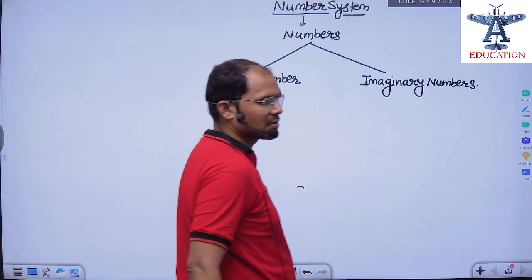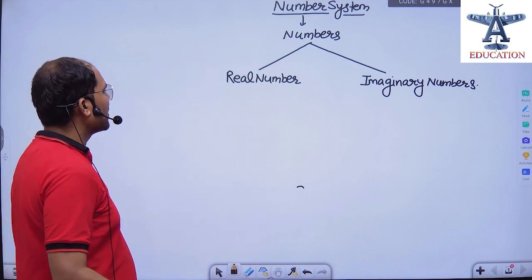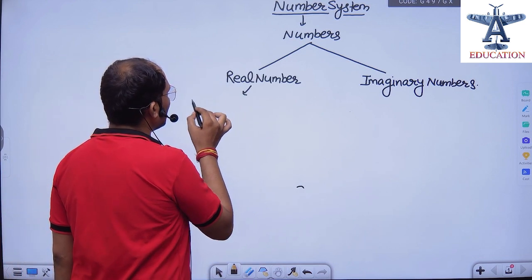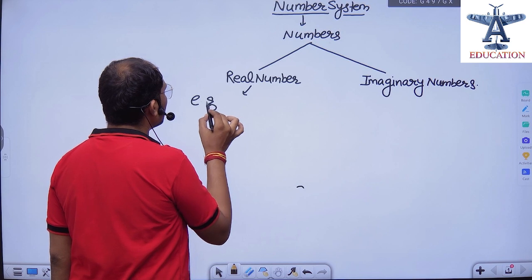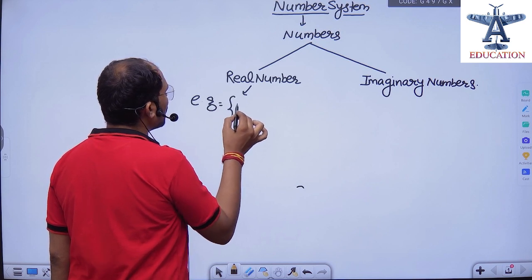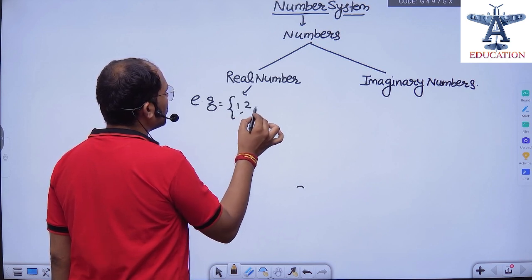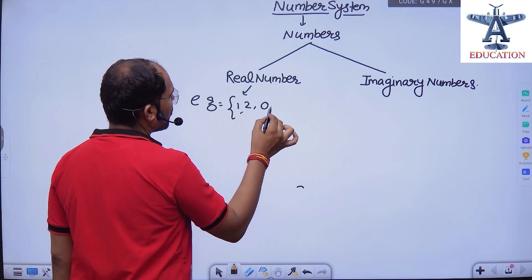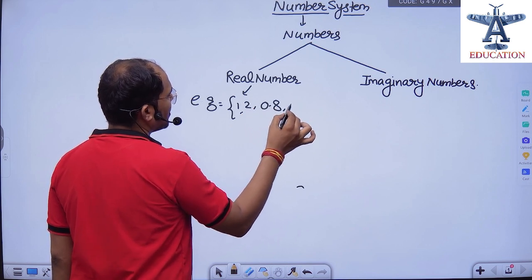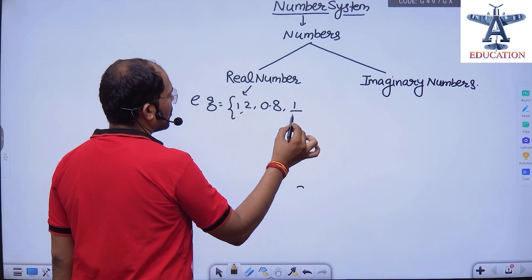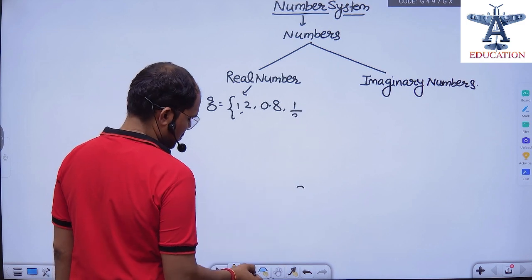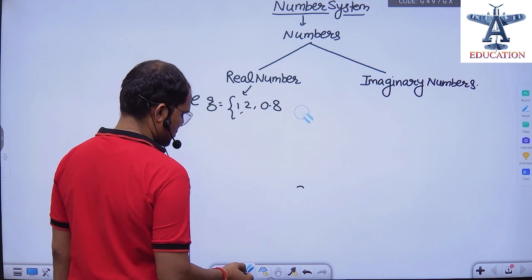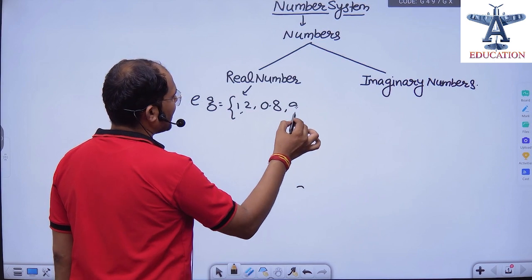Real numbers are, for example, 1, 2, 0.8, 1 upon 9, 4.